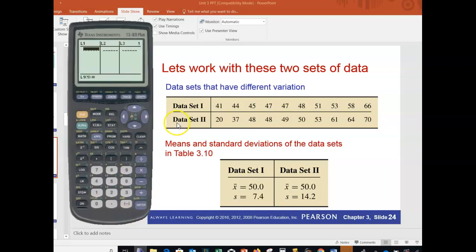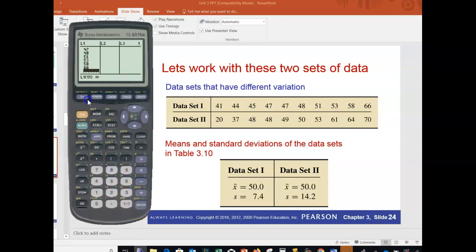In list number 1, I'm going to enter these values: 41, and then 44, and then 45, and 47, and then another 47, then 48, and then 51, and then 53, and then 58, and then my final one of 66.